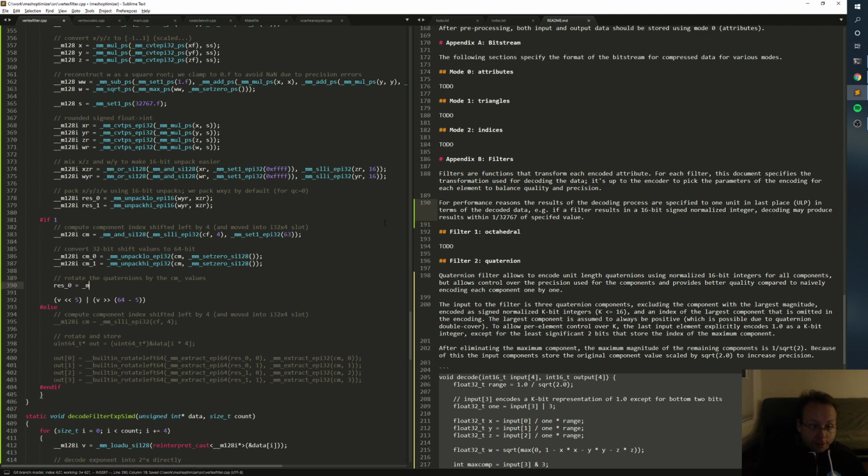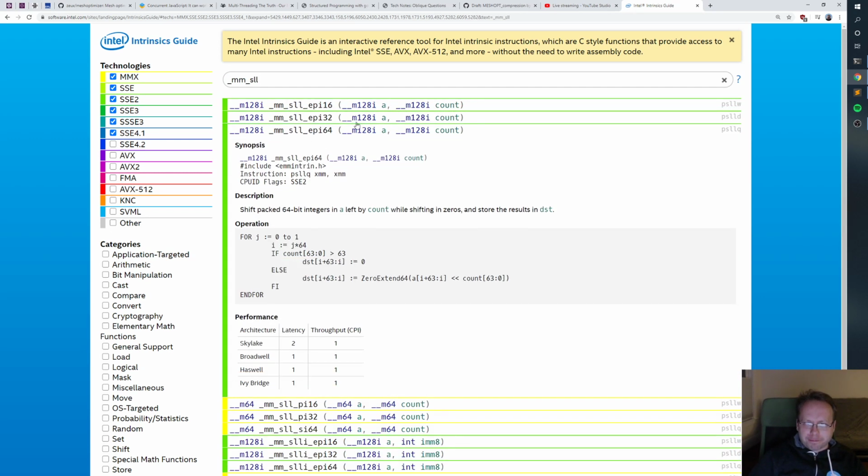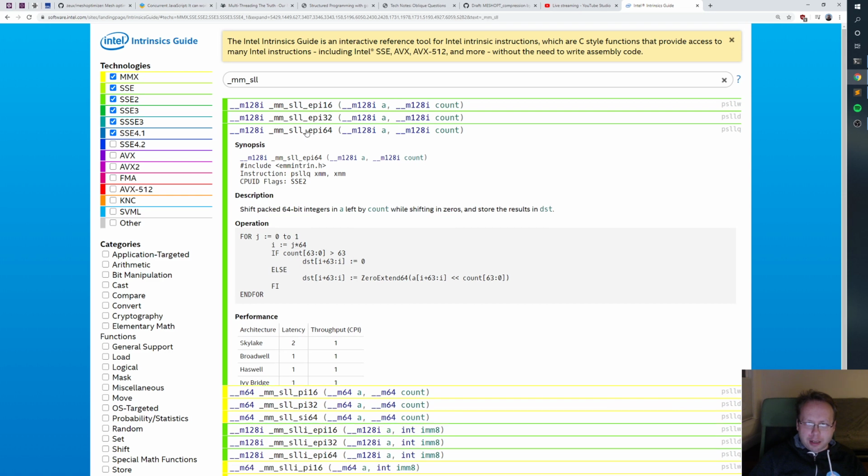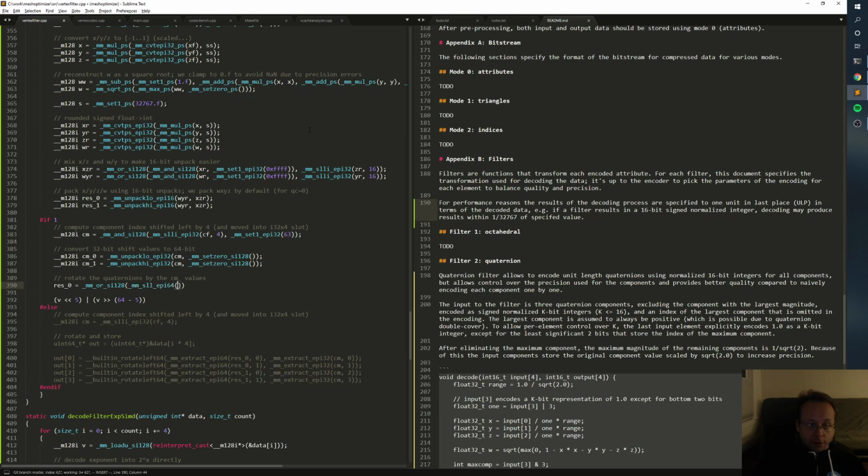I guess I can just do this. So it's an OR where we shift the value left and we shift the value right, but instead of shifting it by the same number, we are shifting this by 64 minus the same number.